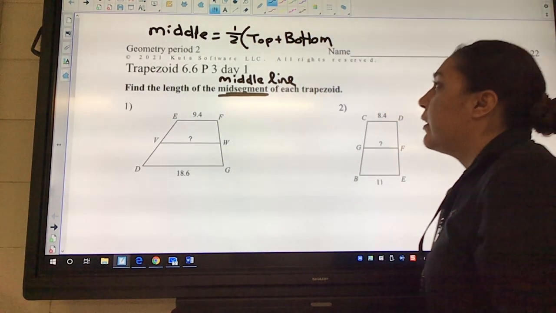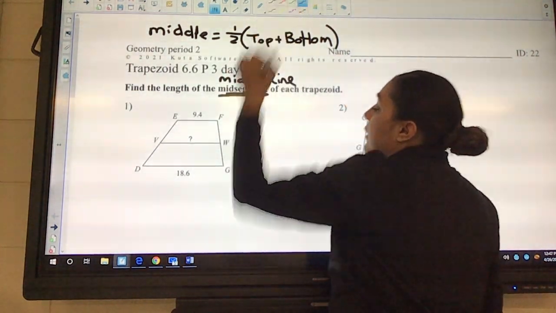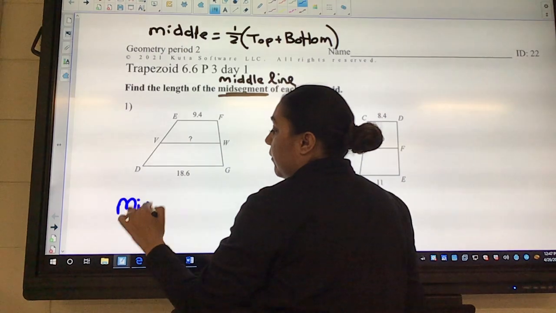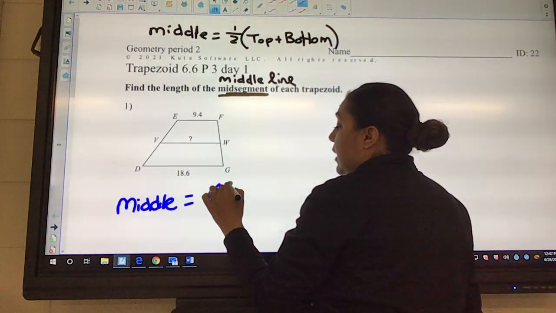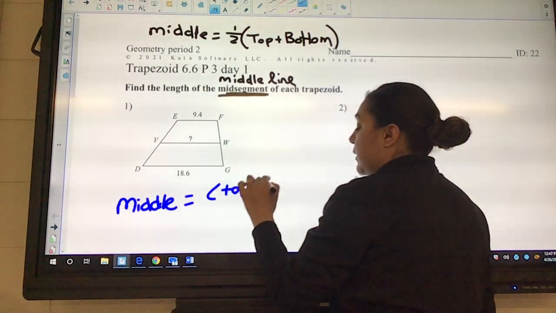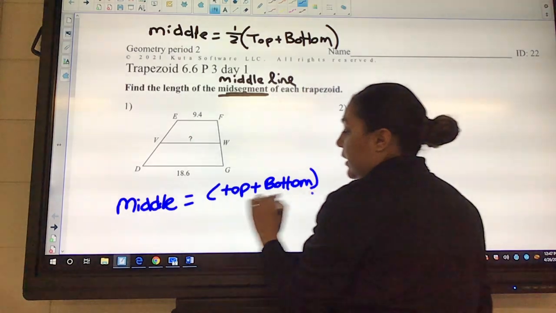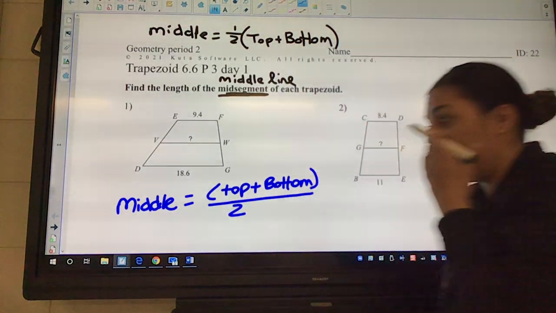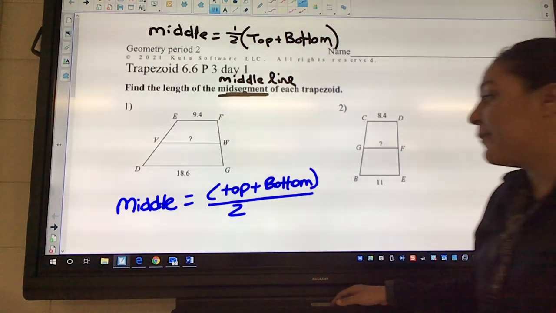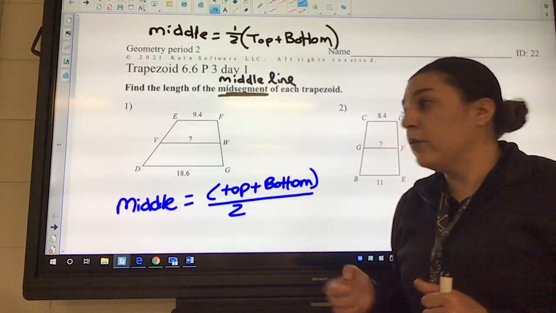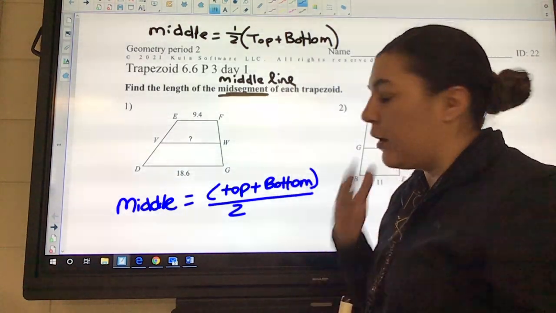Or you could say the middle equals the top plus the bottom, and then divided by 2. These are equivalent statements. If you're doing it on your calculator on your phone, you're going to say the top plus the bottom, and then just hit divided by 2. And I'll show you how to do it.